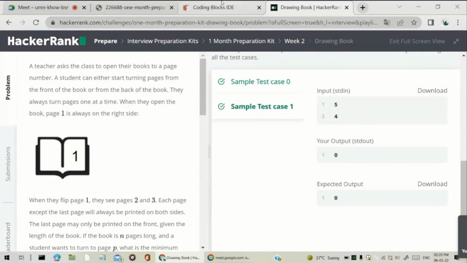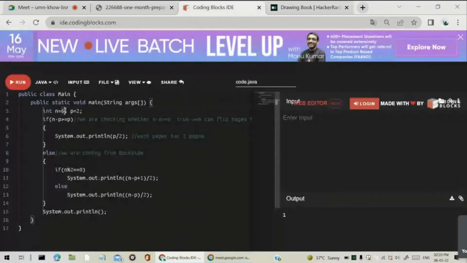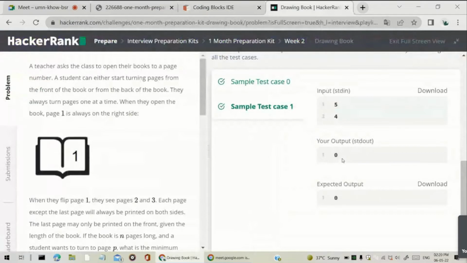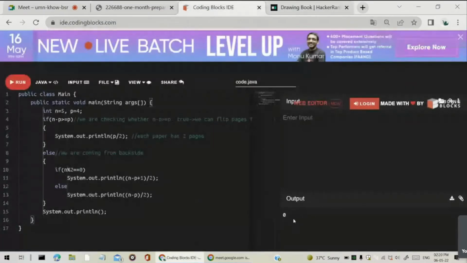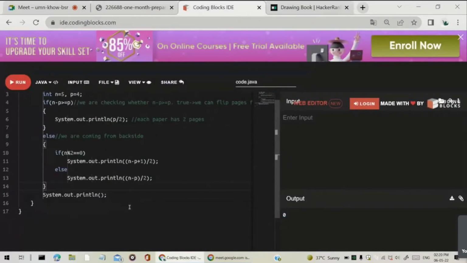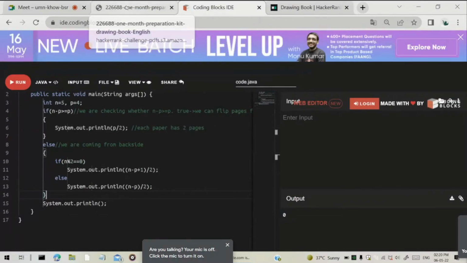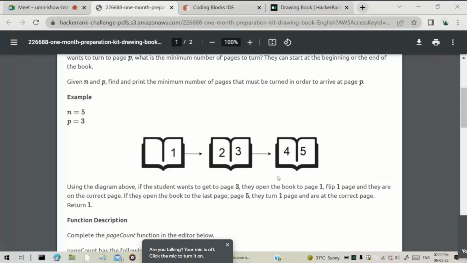Here the input is 5 and 4. Input is n is 5 and p is 4. So for this we have to get 0 as the answer. So we got exactly 0 as the answer. That means we are flipping 0 pages, because as we saw in the image in the question, 4 and 5 are in the same page.